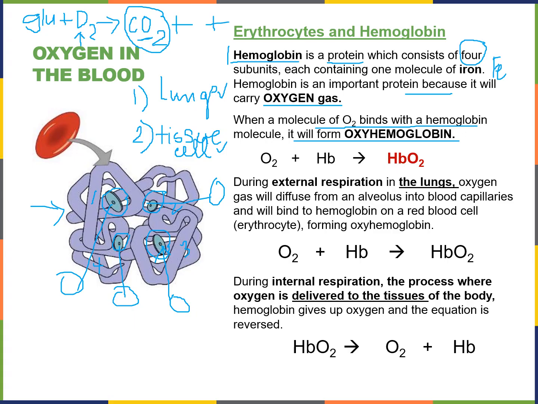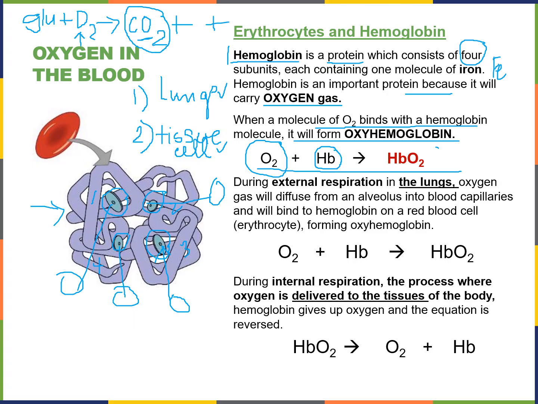Here you're learning a little bit more chemistry, so please make sure you know this equation. And so this will occur in the lungs because red blood cells present in the capillaries of the lungs will pick up oxygen. Oxygen will bind to the hemoglobin molecule present in erythrocytes.